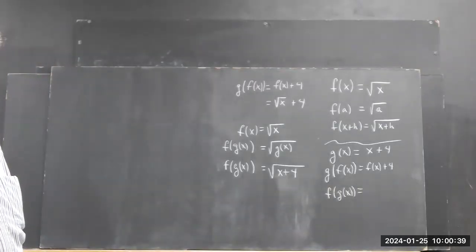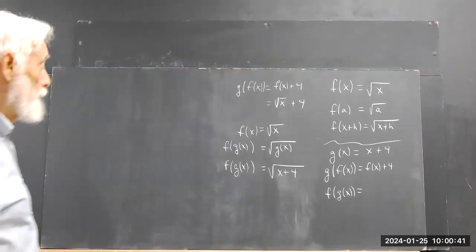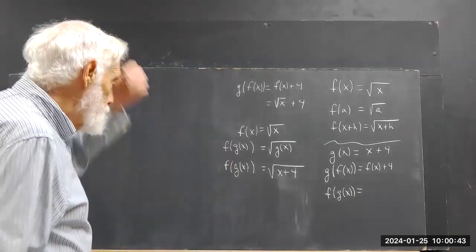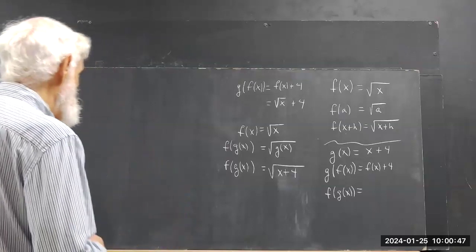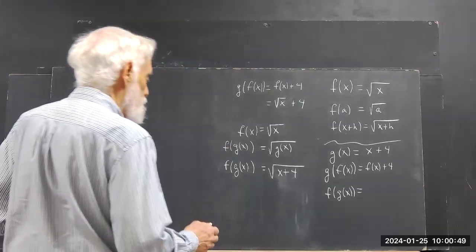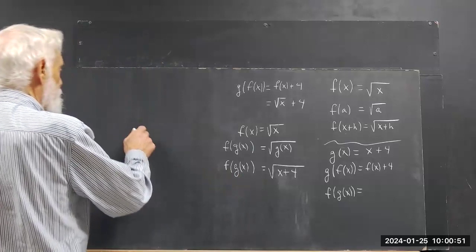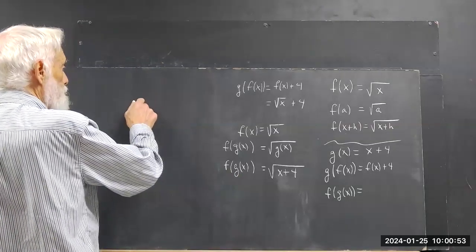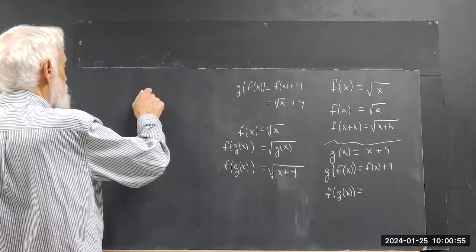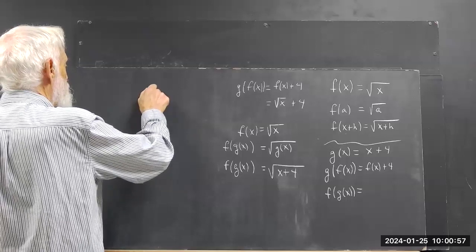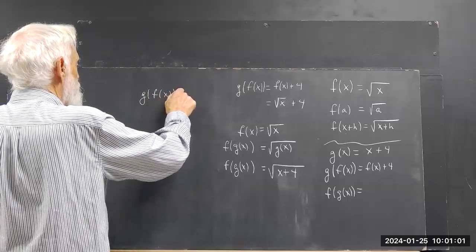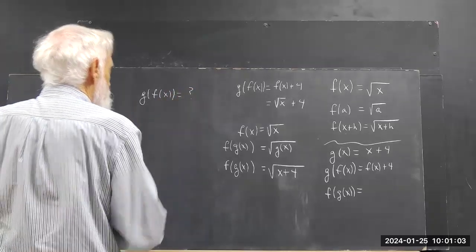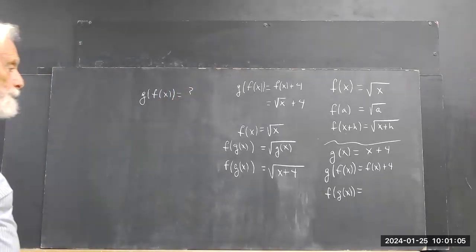Okay. I'm going to picture this just a little bit more. That makes a slightly more involved picture. Okay. So we want to find what g of f of x equals.